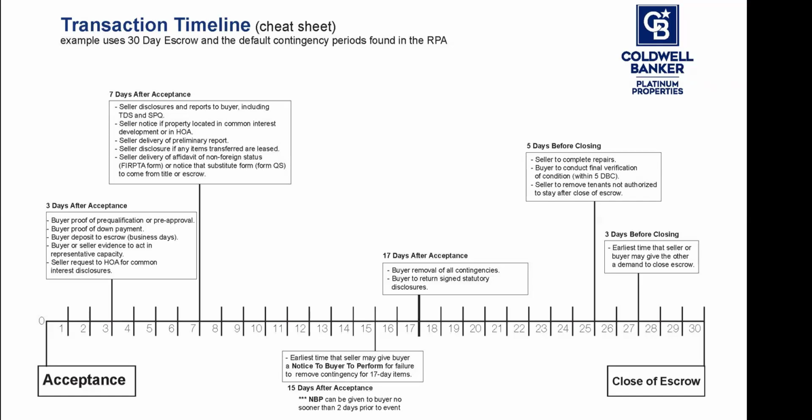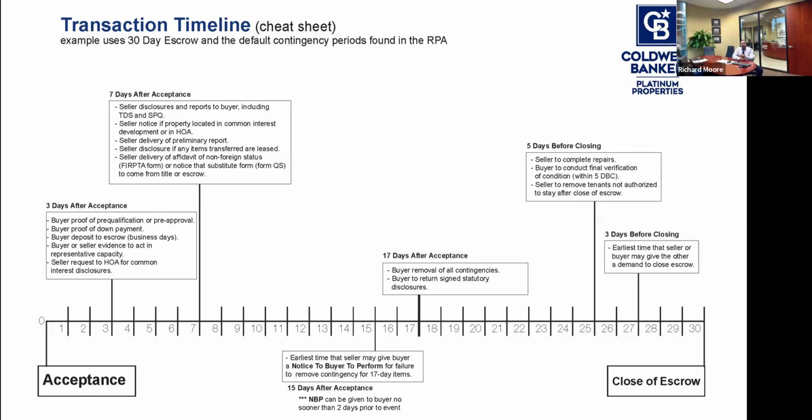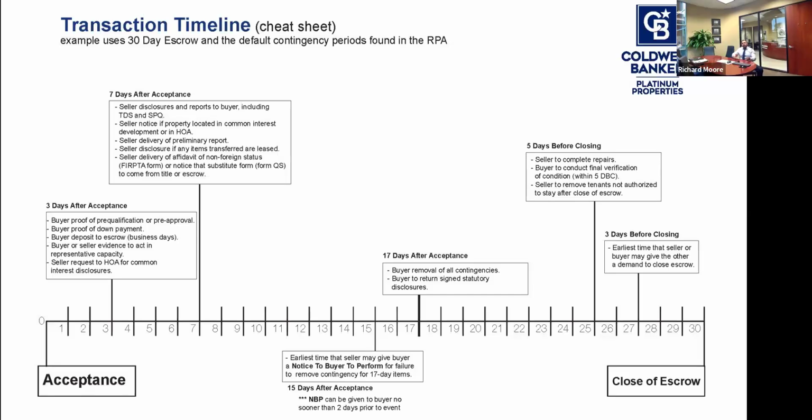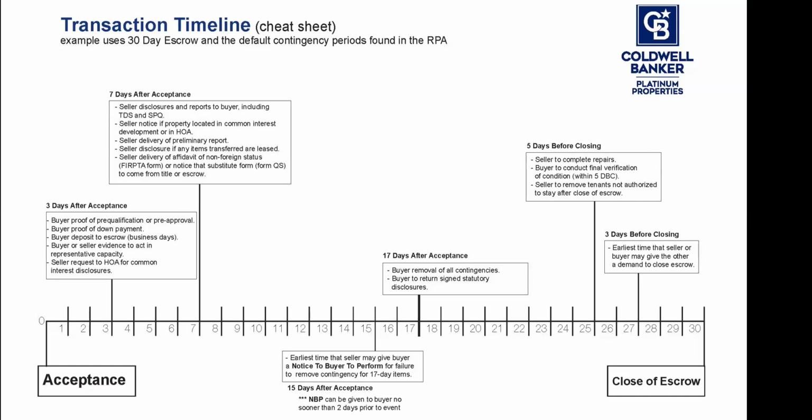So when you're writing this, what will help you determine what number of days you should write? Well, if you just want to do a standard purchase, you're going to go 30-day escrow, and then you're going to go by this. But if you want your offer to stand out, you say, I'm not going to do a 17-day contingency period, I'm going to bring it down to 14 days or 10 days for certain contingencies.